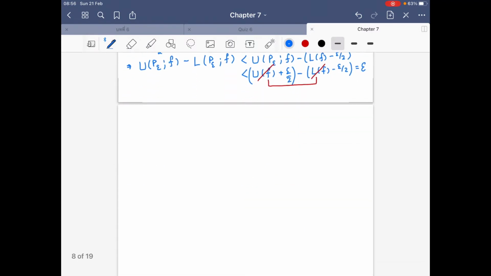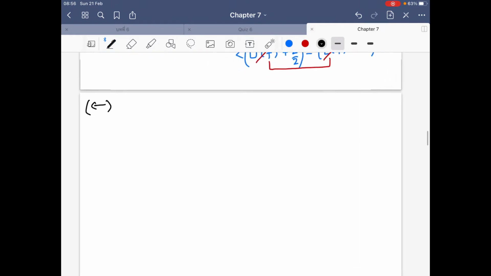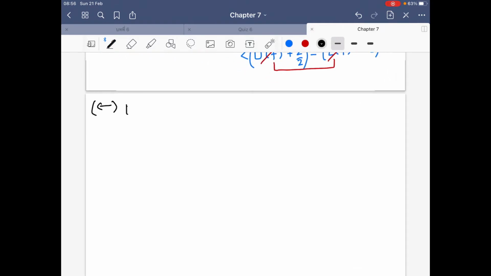On the other hand, for Q implies P, we let epsilon be positive. By assumption, for each and every epsilon we can find a partition.